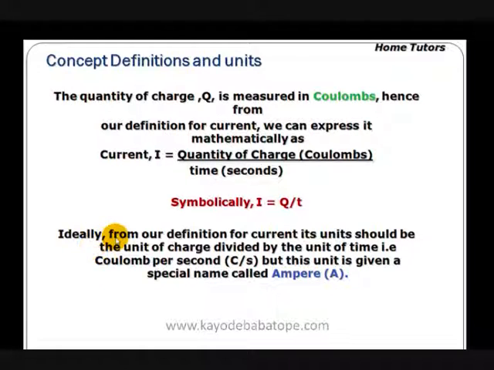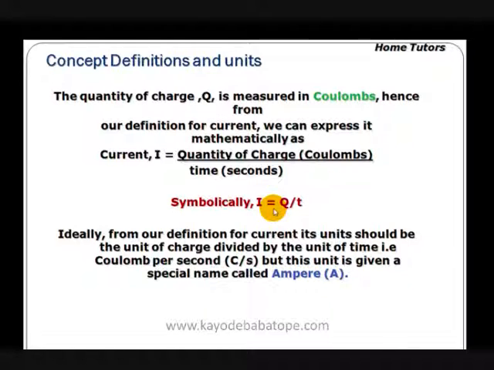Ideally, from our definition for current, its unit should be the unit of charge divided by the unit of time, that is, coulomb per second. But this unit has been given a special name called the ampere, with the symbol A. So current is symbolized by I and the unit of measurement is the ampere, also symbolized by A. But don't forget the definition: current is the rate of flow of charge around a circuit.